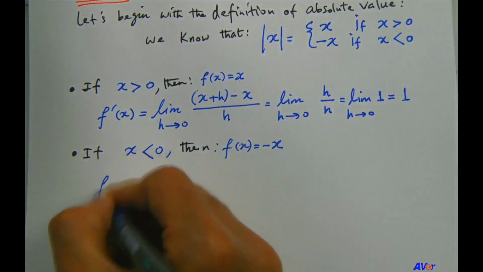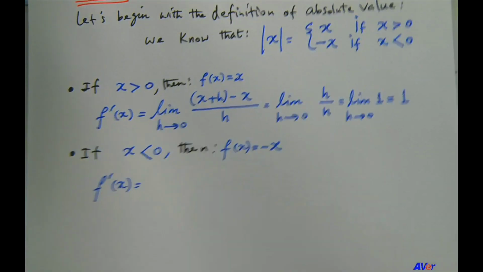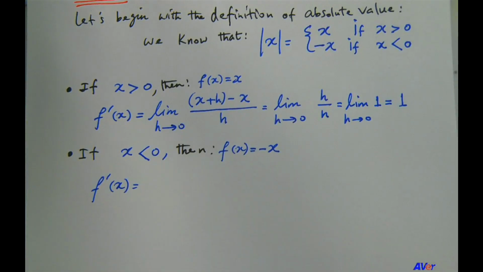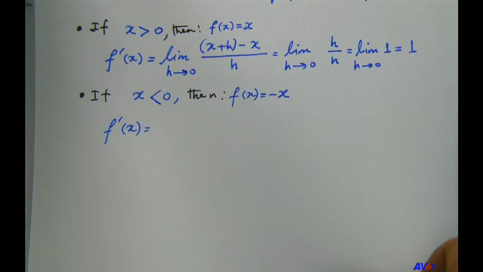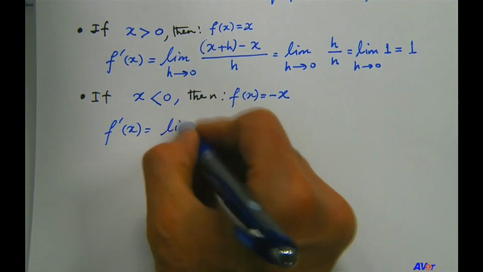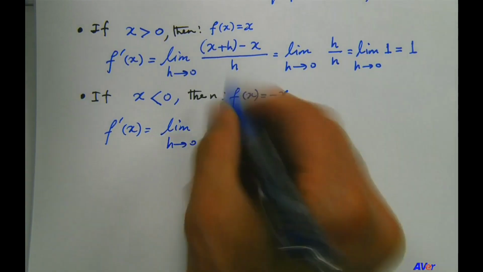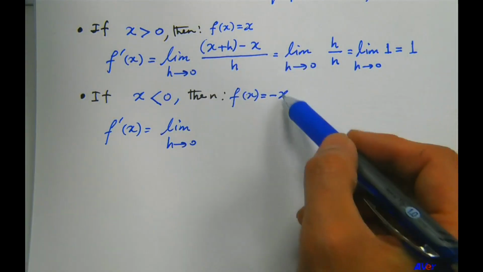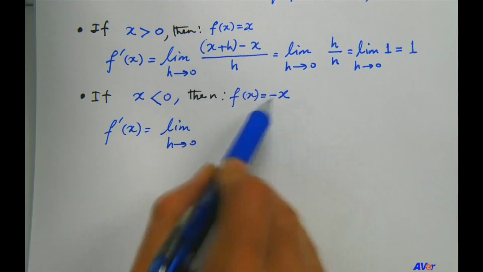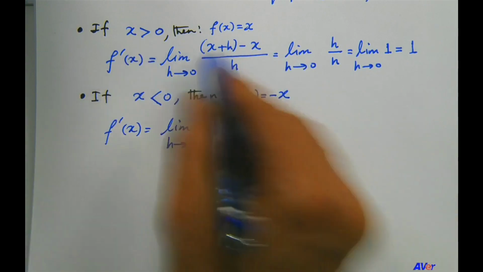We have f prime of x equals, I want to move this up a little bit, and then limit as h goes to 0. This time, when we replace x with x plus h, then this minus should distribute itself to the whole parentheses, right?